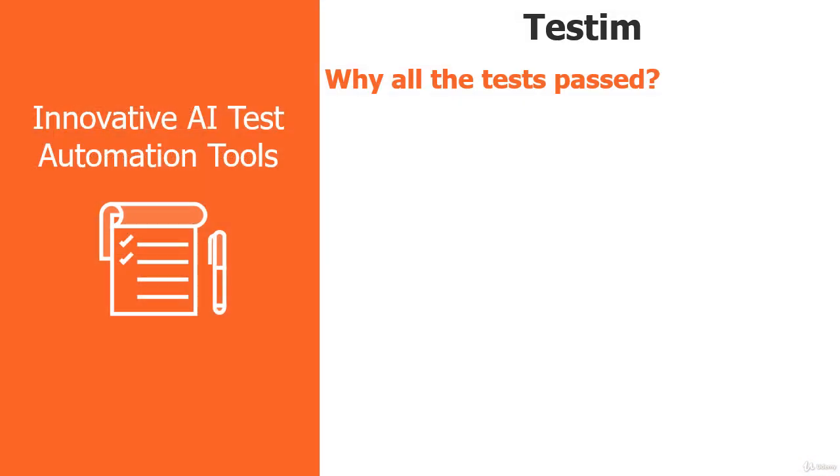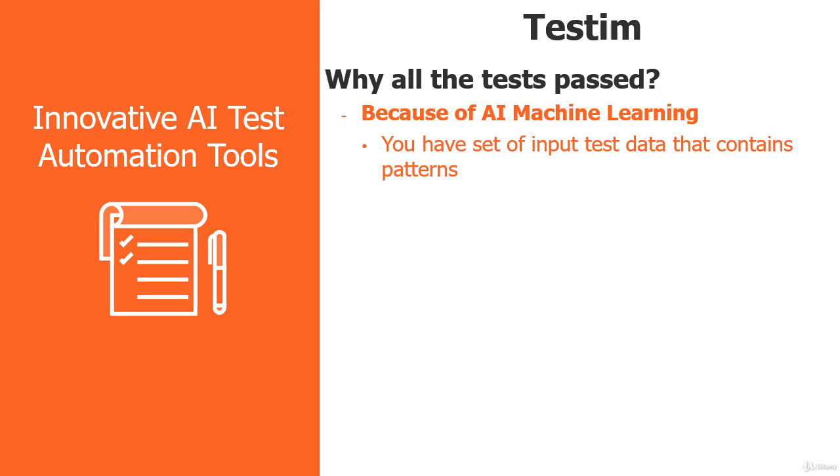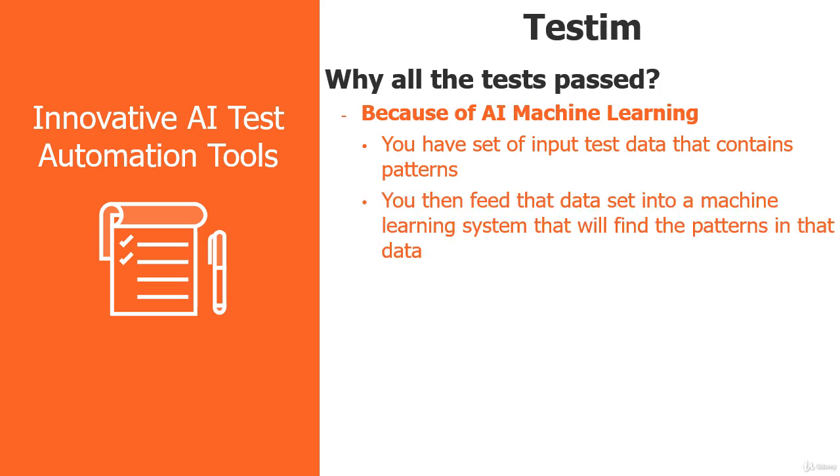So let's discuss how that is possible. Of course, the main reason behind it is that the script uses AI machine learning technology, and here is how machine learning helps. You have a set of input test data that contains a pattern. You then feed that data set into a machine learning system that will find the pattern in that data.